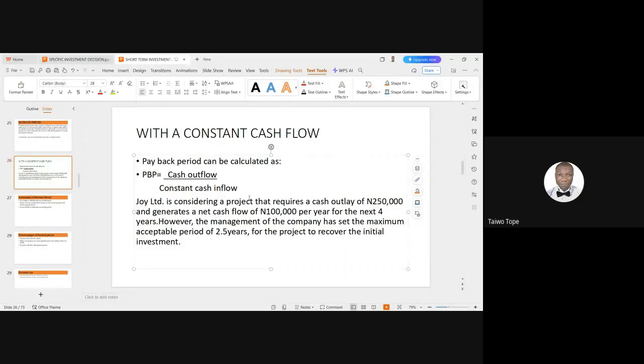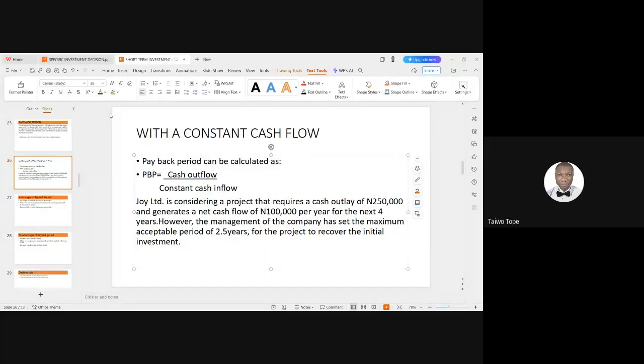Based on our earlier explanation of payback period, the decision rule for independent projects is to accept a project if the payback period is lower than or equal to management's predetermined payback period. So if you set a timeline of 3 years, it means if I put my money in this project, I should recover it within a maximum of 3 years. So if you do your calculation and get 4 years, what will be your decision? It's to reject.